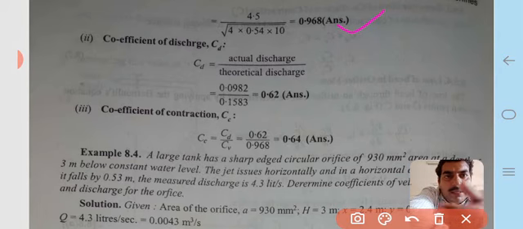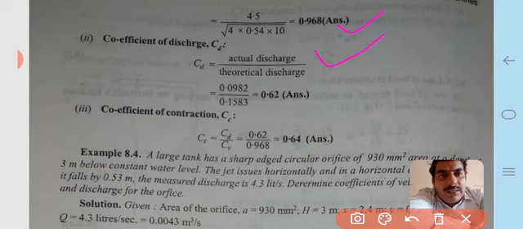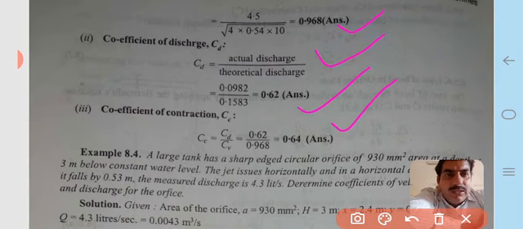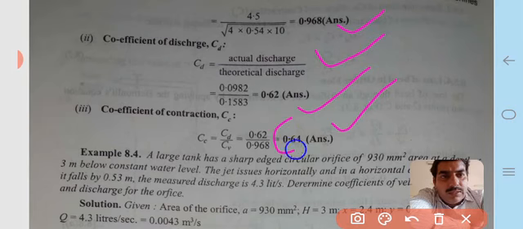And now again the coefficient of discharge is how much? That is the actual discharge upon theoretical discharge, and putting these values, we calculate the coefficient of discharge. And now coefficient of contraction, using the relation CD is equal to CV into CC, therefore CC is equal to 0.64, and that is the coefficient of contraction to be calculated.